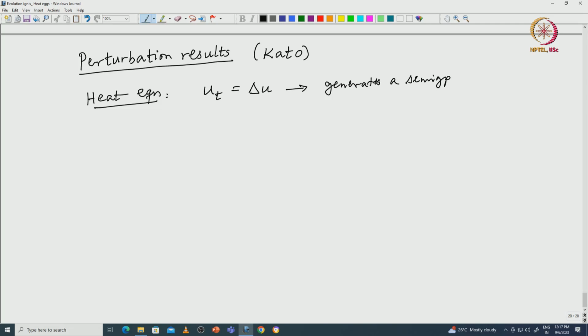Okay. So, then if we consider the perturbed equation, u t equal to Laplacian u plus some lower order term. Okay.